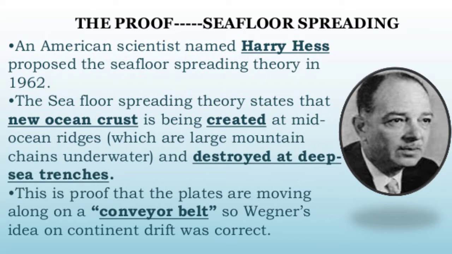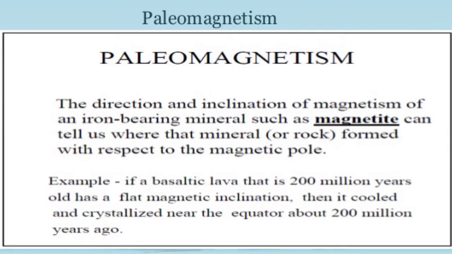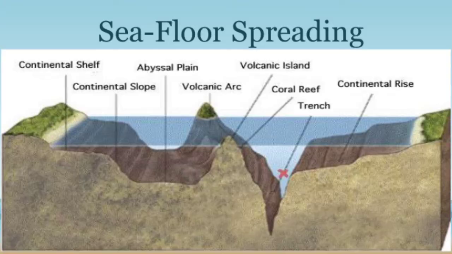The post-drift studies after Wegener's theory provided considerable information that was not available at the time Wegener put forth his concept of continental drift, particularly the mapping of the ocean floor and the paleomagnetic studies of rock from oceanic regions, which revealed the following facts.